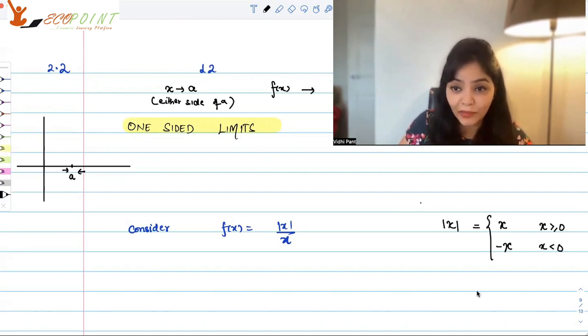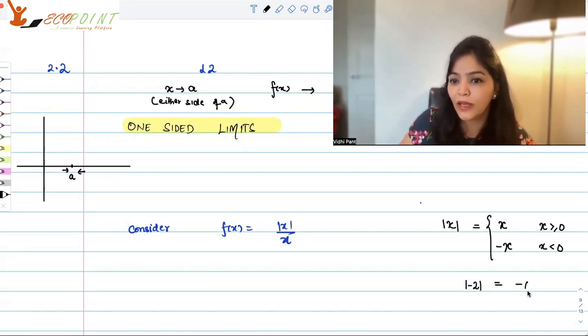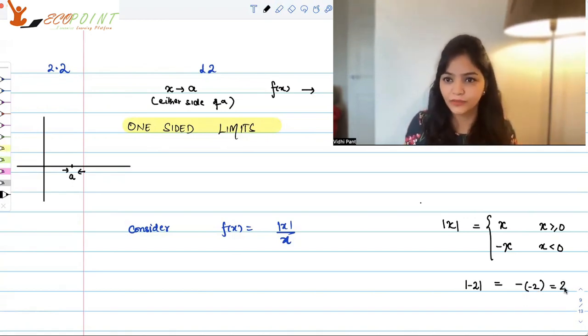I'm going to again put this point strongly here. For example, in order to understand this, just think of an example. If you're talking about modulus of minus 2, it's going to be minus of minus 2 because x is less than 0 here, and that means your absolute value is 2, right?